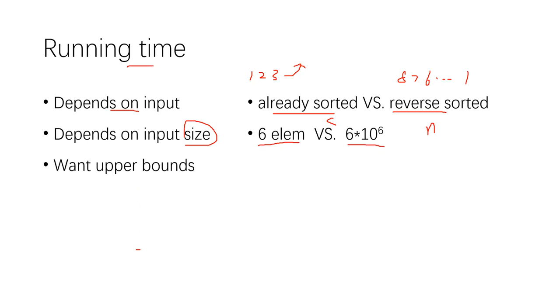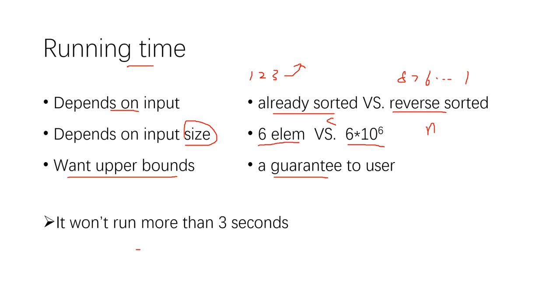And another thing is we want to know the upper bound. Think about that. Why do we need the upper bound? Because only the upper bound is a guarantee to the user, to us. A guarantee is a promise.